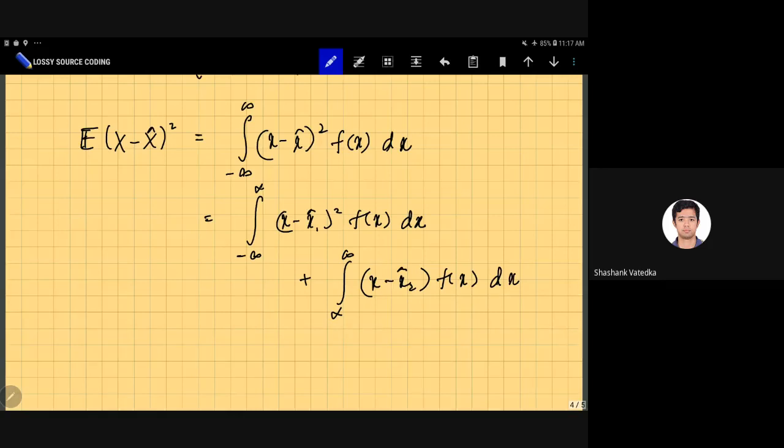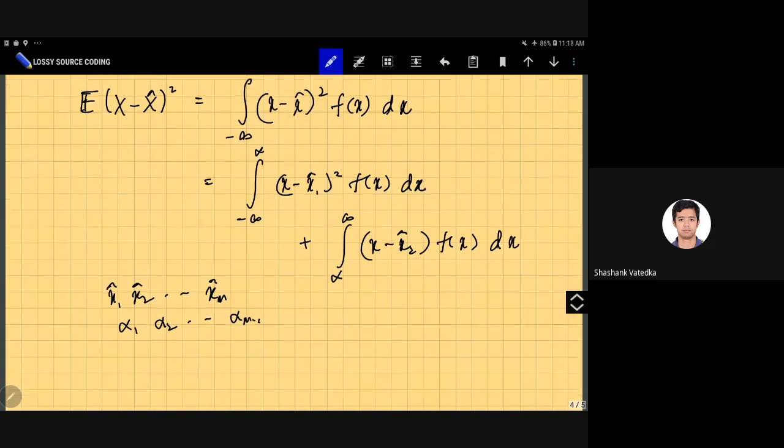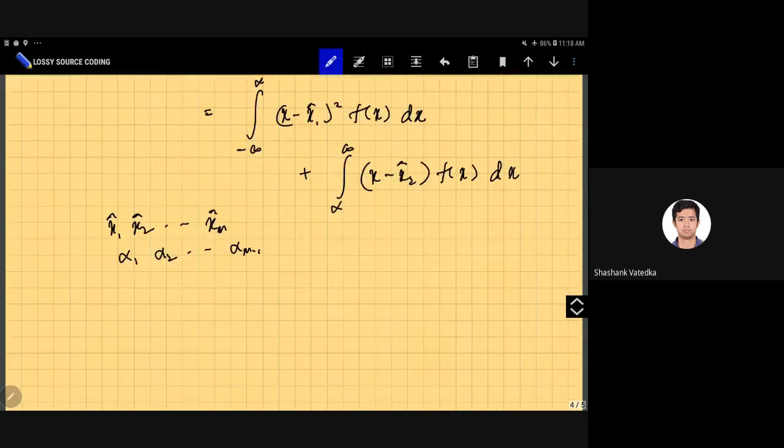So in general, if I have quantization levels x1 hat, x2 hat, up to say xm hat, and thresholds alpha 1, alpha 2, up to alpha m minus 1, then what is the mean squared error equal to?